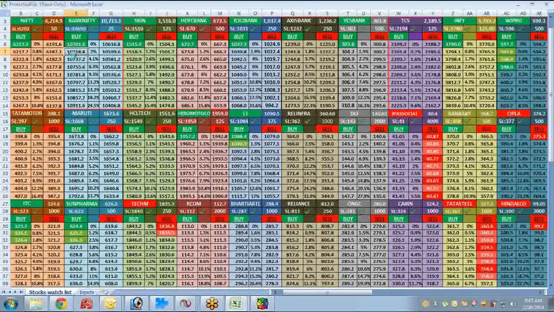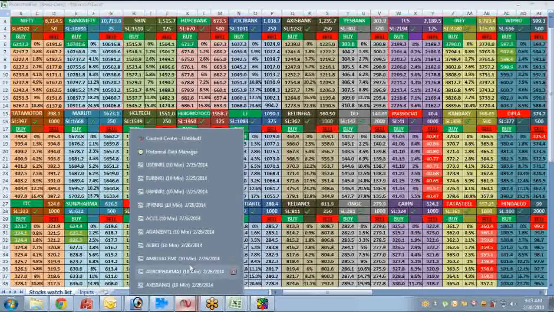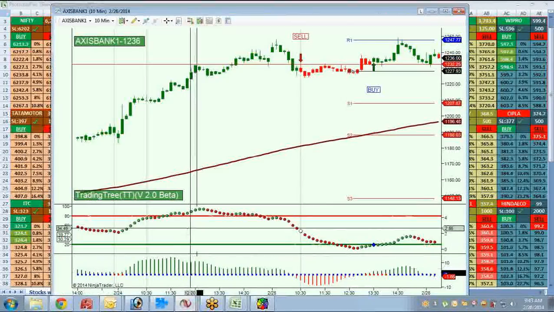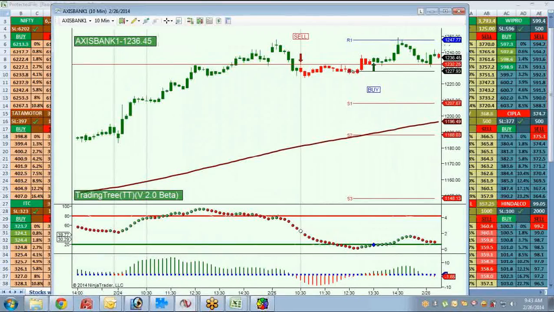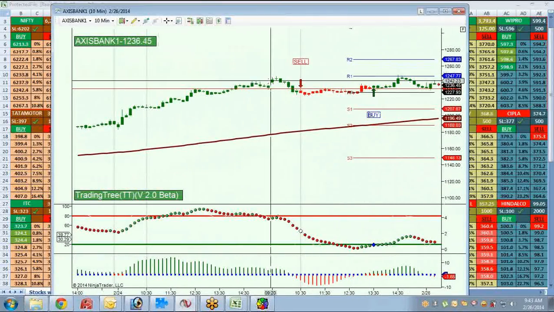So for people who are full-time intraday traders, they can take FuturesTree initially, and later on, since you will be needing the levels of how the trades are going, at that time you can even take trading tree.